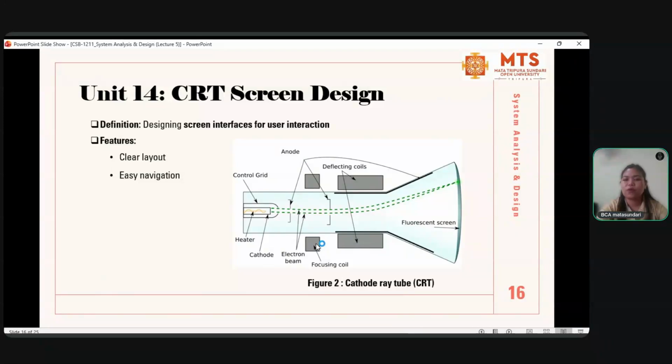And this one is the focusing coil. So this is how it will focus, like we see in the TV screen. Then this is our fluorescent screen where the display will be made. This is how our screen works.